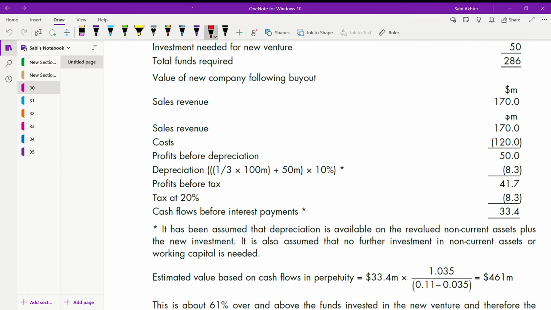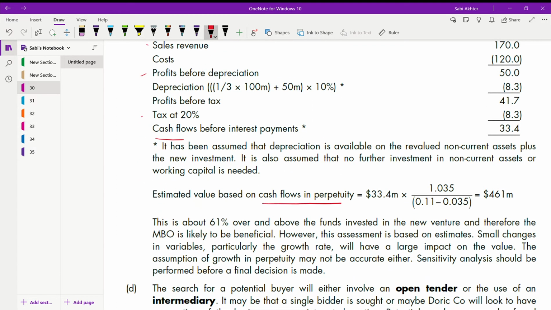Just see, starting with sales, deducting your cost, whatever profit you have, then deduct your tax, and then cash flow before interest payment. We assume that your profit after tax is your cash flow. That is an assumption. So we are using cash flow to value. Cash flow in perpetuity, right? Free cash flow to firm or free cash flow to equity.